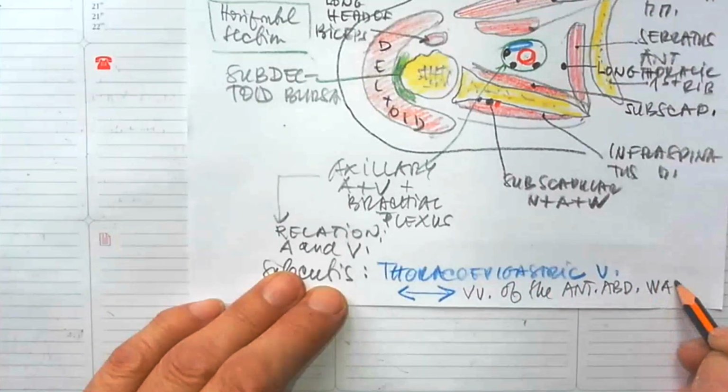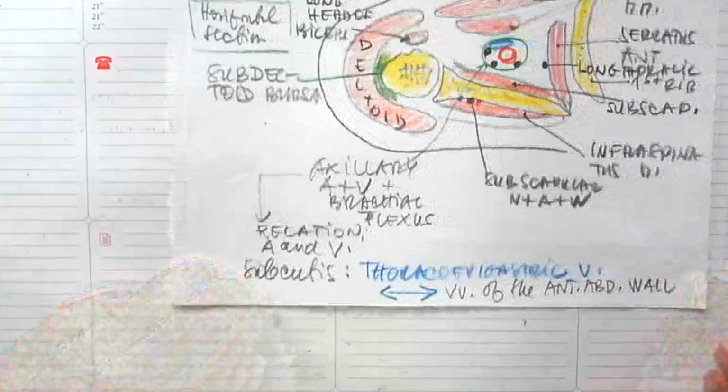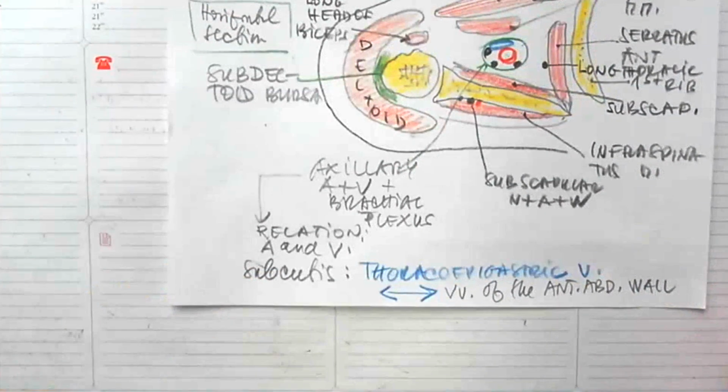This is always important, that these interconnections play an important role in the return of the blood from the wall of the abdomen above the umbilicus into the regional veins in the axilla. The same would be with the lymphatic drainage.